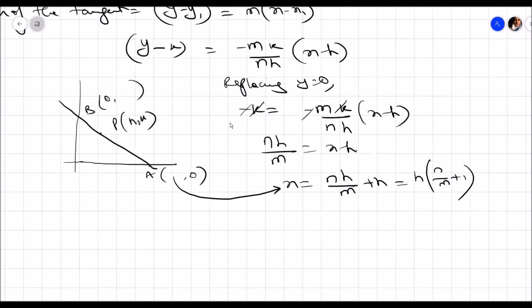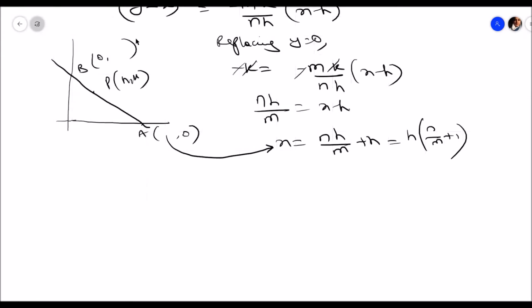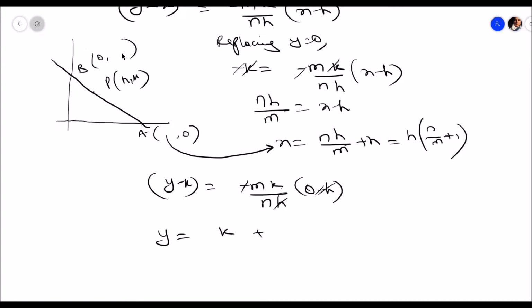Similarly, in order to find the y-coordinate of B, I need to substitute x is equal to 0, which will give me y minus k is equal to minus mk divided by nh into 0 minus h. So the minus gets cancelled, and h gets cancelled. So y is equal to k plus mk by n, which is k times 1 plus m by n.